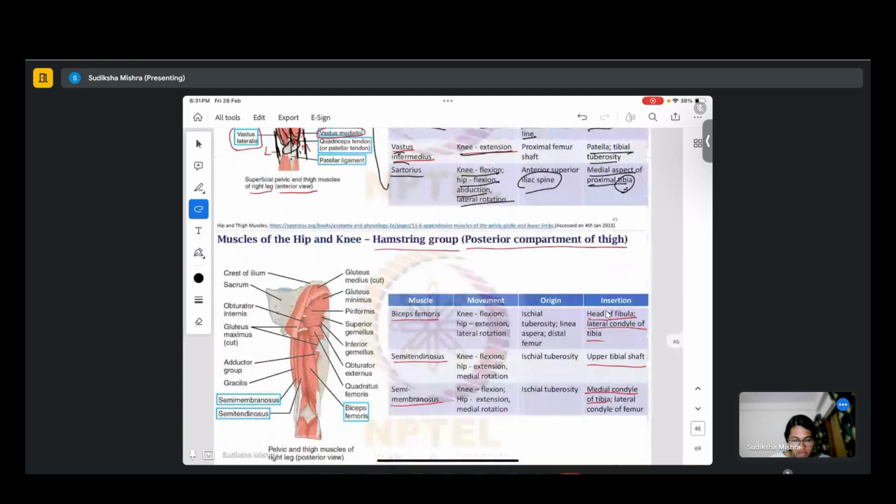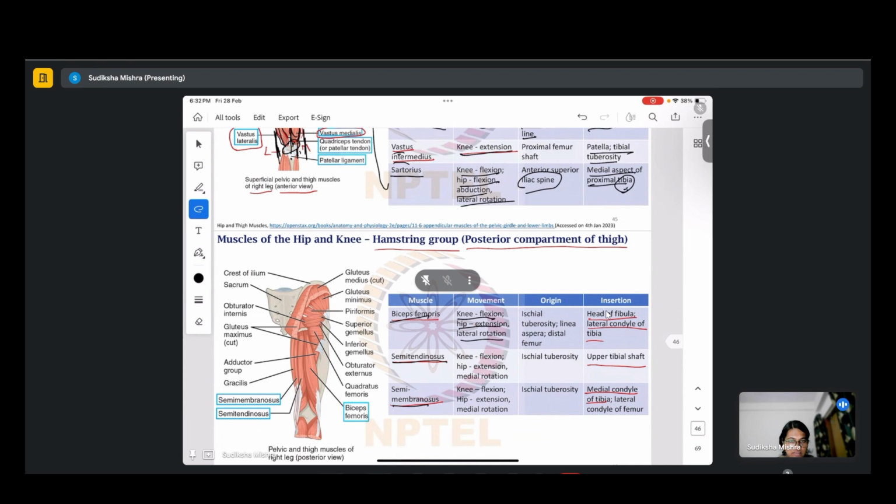Okay. Next is the hamstring group, which consists of three different muscles: biceps femoris, semitendinosus, and semimembranosus. The biceps femoris is responsible for knee flexion, hip extension, and lateral rotation.